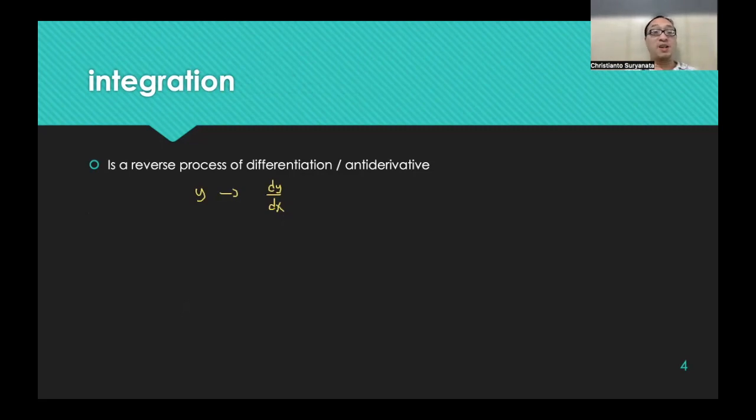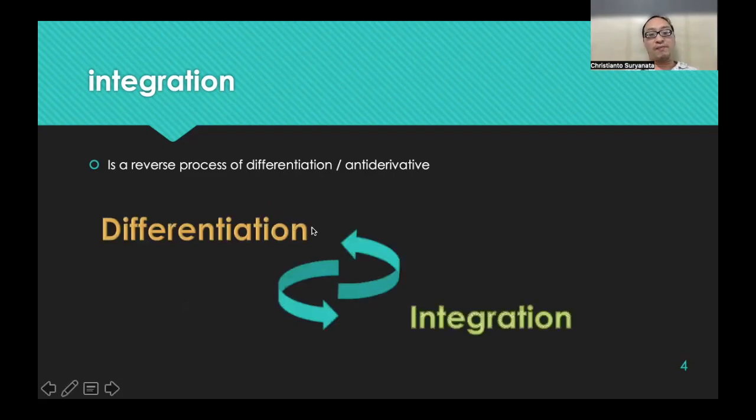But in integration, we do the reverse process, so we are looking for the original function before it was differentiated. So integration is the antiderivative, the reverse process of differentiation.